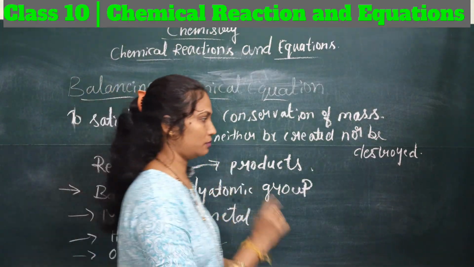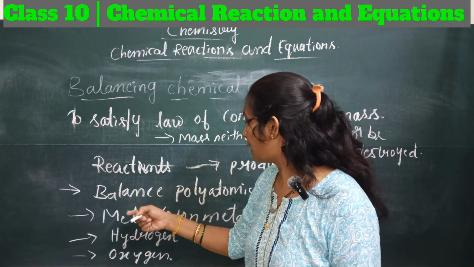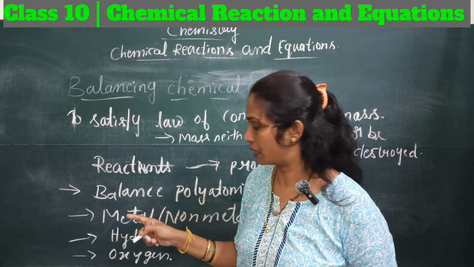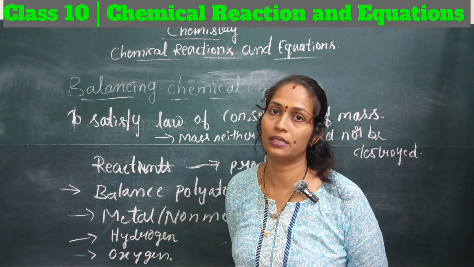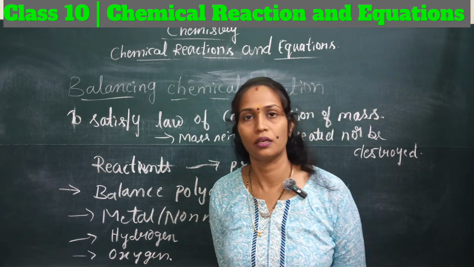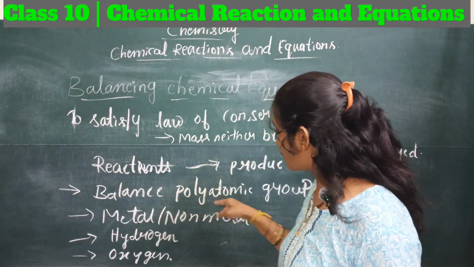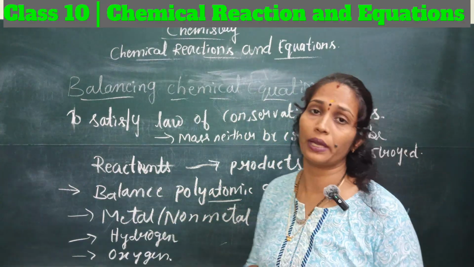You need to balance the polyatomic group first in the given equation, and next balance metals and non-metals. Next, balance hydrogen and later oxygen. Hydrogen and oxygen will get balanced automatically when you balance the metals and non-metals. What is the meaning of polyatomic group, guys?